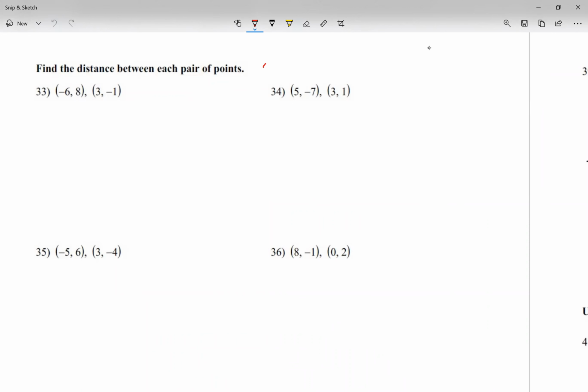It's going to be the square root of x2 minus x1 squared plus y2 minus y1 squared. Right? That's the formula. I just showed you guys how the formula gets derived. This is the formula that I'm going to be using.